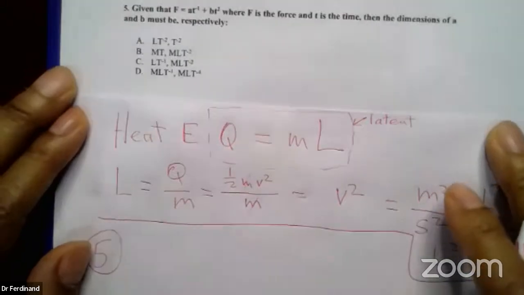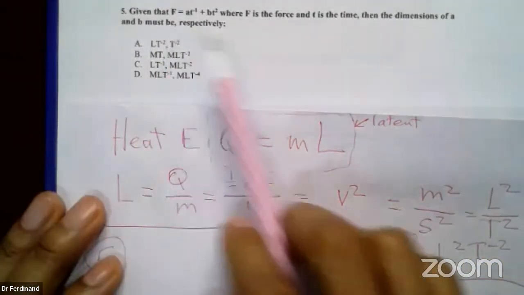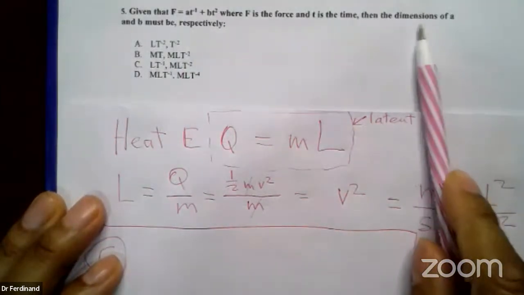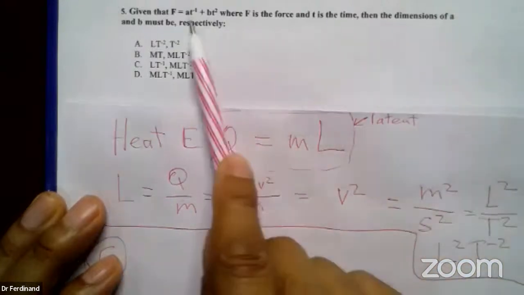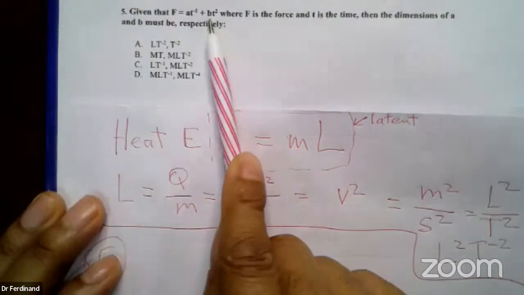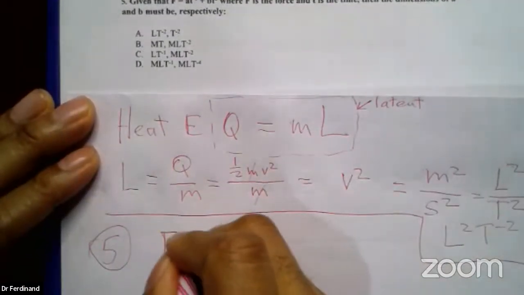So we have our equation that force is related to time, but we don't know what the dimensions of A, which is here, and B, which is here, must be. So let me just rewrite that equation.